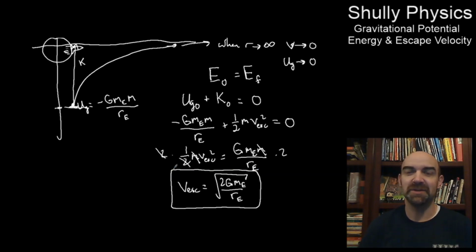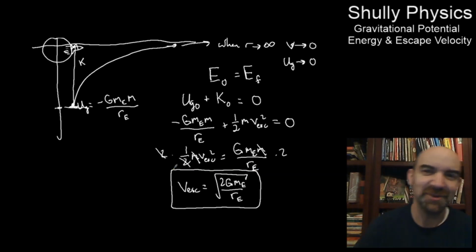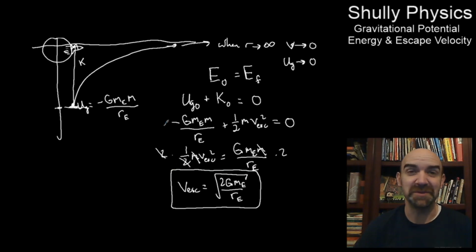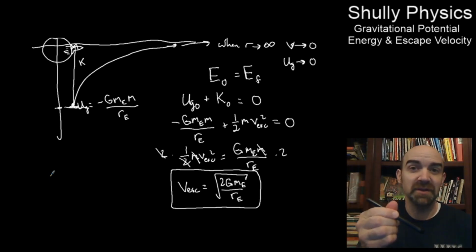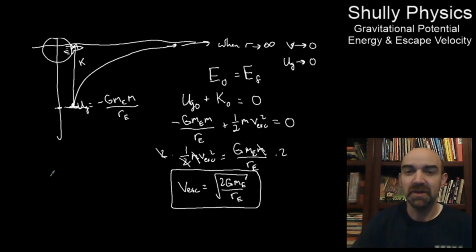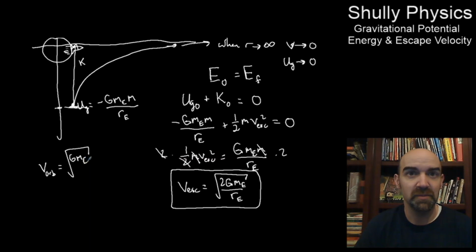You know why I like this expression? It looks like something very similar. If you consider trying to reach a circular orbit through a very, very different method, taking a force diagram, noticing that gravity is the only force causing a centripetal acceleration, we got out of that the orbital velocity for a circular orbit is the square root of G times mass of the planet, divided by the radius of the planet.